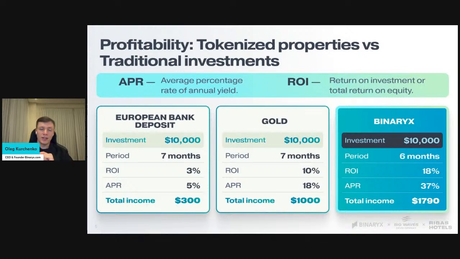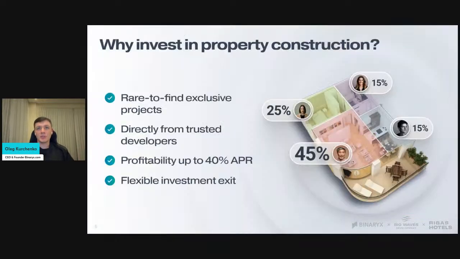And our technology gives the unique possibility to be more transparent and make the investment really sustainable and flexible, because our investors who invest in properties that are already constructed can sell their tokens easily on the secondary market or trade them with other people. So that creates unique possibilities and flexibility for the investment.